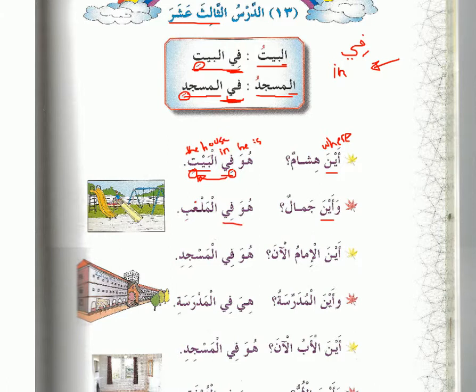He is in the playground, or the place where you play, right? You guys have all been to a playground, right? At school there's playgrounds, so huwa fil mal'abi. He is in the playground.